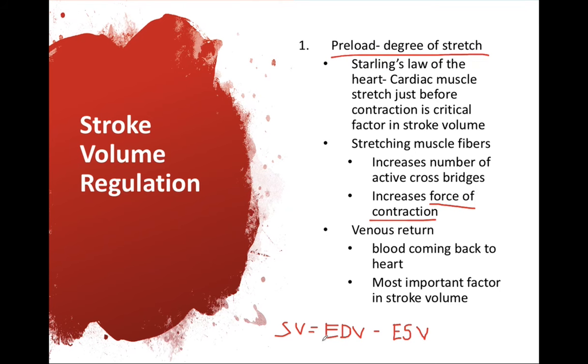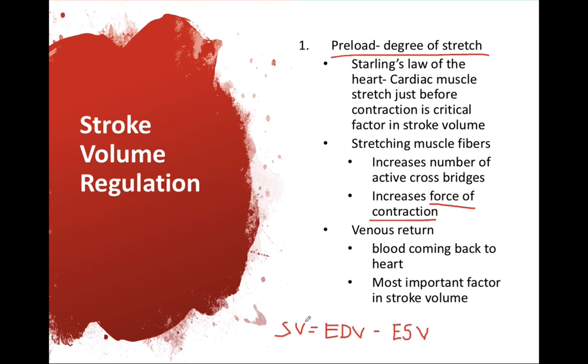So the end diastolic volume minus the end systolic volume gives us our stroke volume. The amount of blood in the ventricle at the end of diastole, or during ventricular relaxation, minus the amount of blood that is remaining in the ventricle after the ventricle has undergone systole, gives us the amount of blood that has left the ventricle and gone into the aorta.